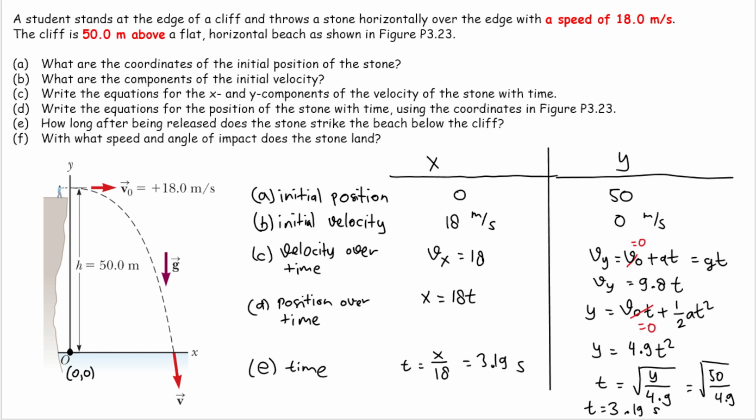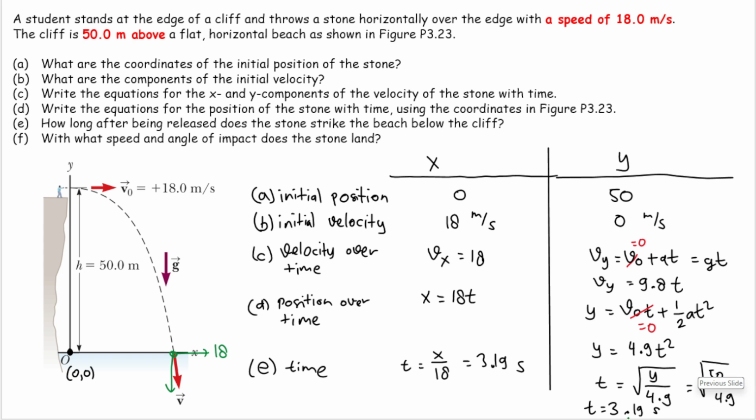And then what else can we do? For question F, with what speed and angle of impact does the stone land? So we need to find out the horizontal and vertical components of this V, exactly where it lands. Here we have this velocity is 18, right? So we'll have 18, but we can also have the vertical velocity here, that will be 9.8 multiplied by t.